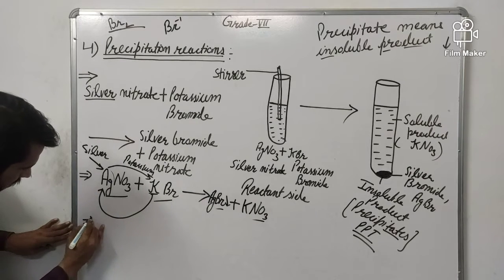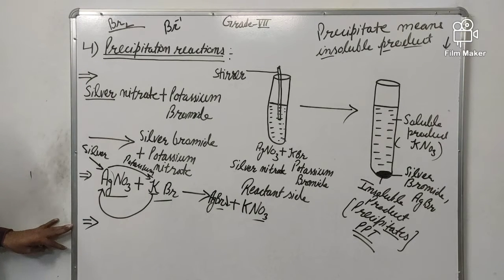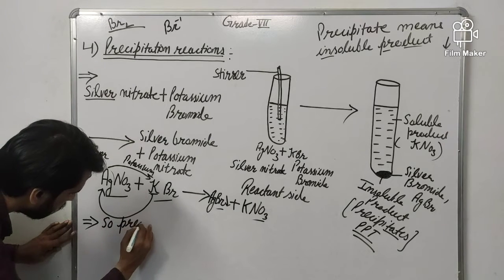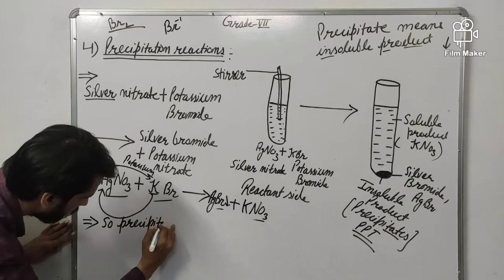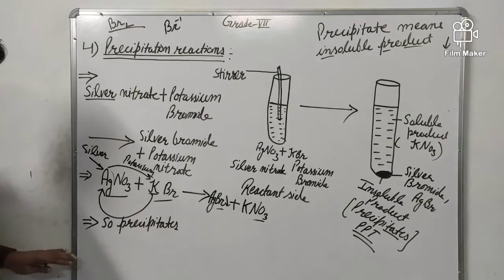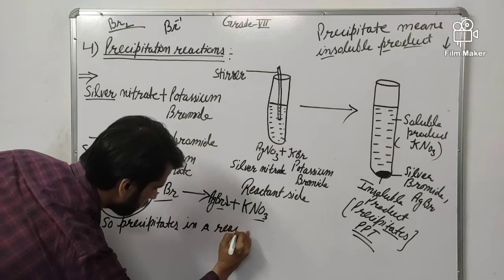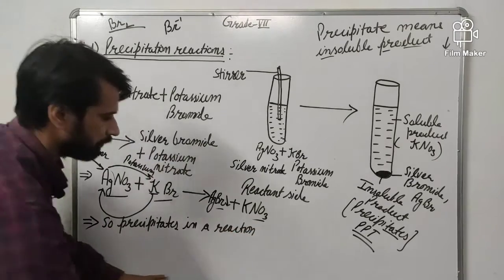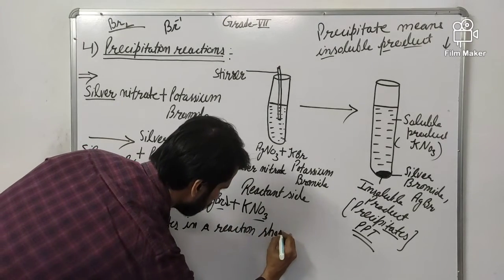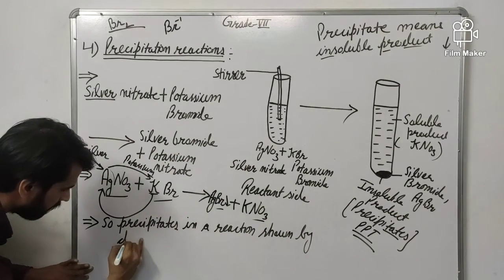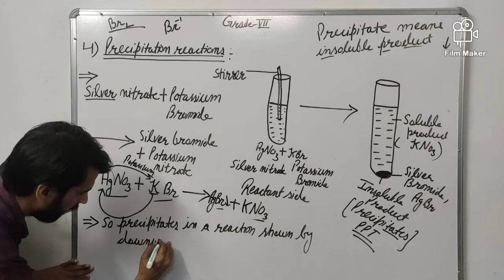So we can write that precipitates in a reaction are shown by a downward arrow.